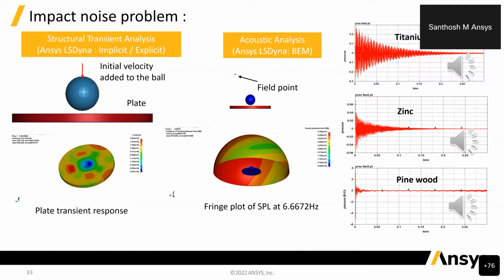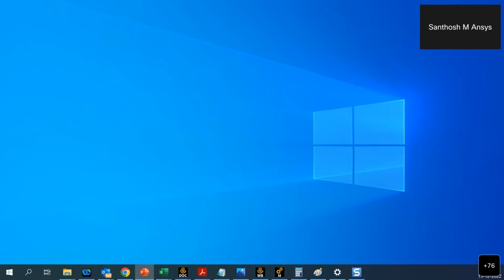Okay, so here the objective is to choose the suitable material for this impacting plate so that the sound perception is good. The first one that is tried is the titanium alloy.